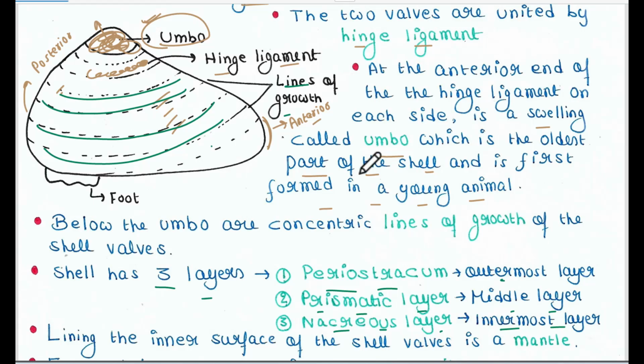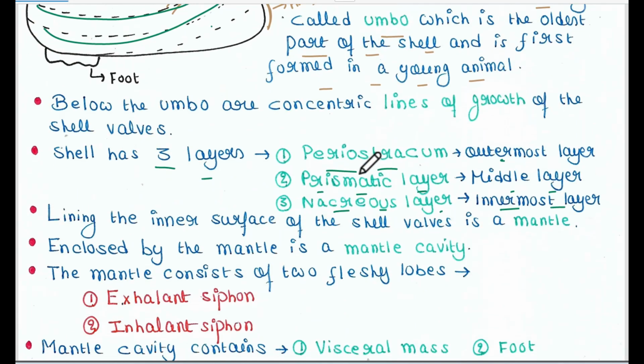Now lining the inner surface of the shell valve is the mantle. The mantle is present beneath the innermost layer, and enclosed by the mantle is the mantle cavity. So the shell has three layers; the innermost layer is the nacreous layer. Beneath the nacreous layer there is the mantle, and beneath the mantle there is the mantle cavity.